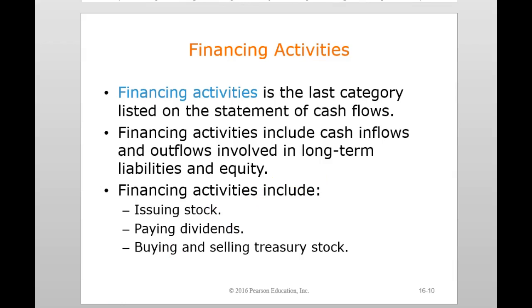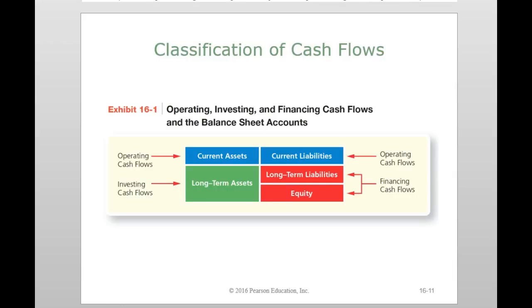And here's a final one. This really is very handy. I would probably print this off. Operating cash flows come from current assets and current liabilities. Investing cash flows come from long-term assets. And financing comes from long-term liabilities and equity. This is your balance sheet setup.